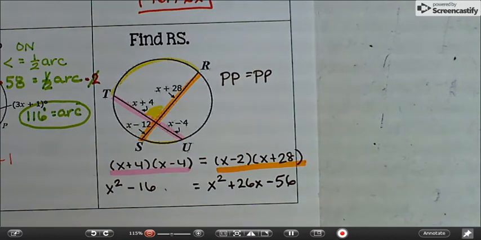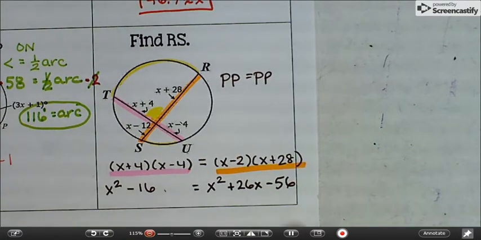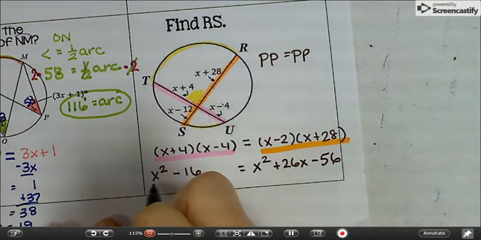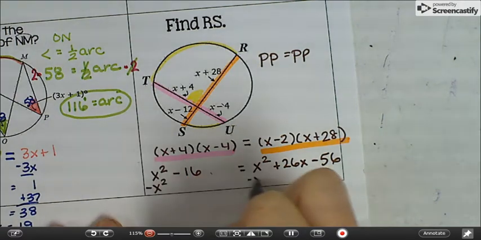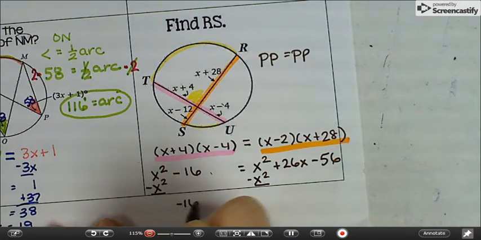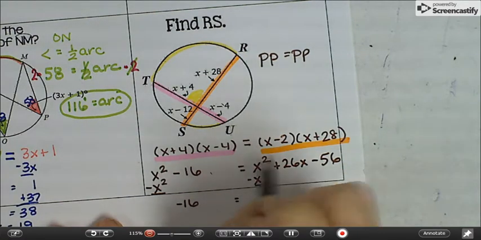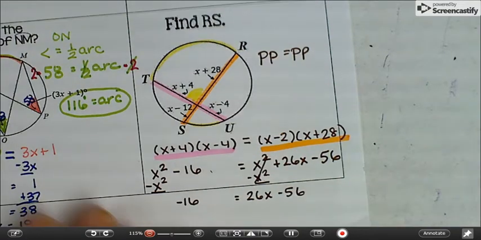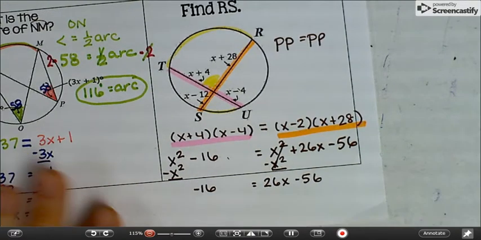All right, now when I first put this problem on here, I thought we would end up having to factor in the end, but we really don't, because remember, when solving equations, we want to move everything kind of together. So if I take this x squared, to get it together with the other one, subtract it, well, it goes away. X squared minus x squared is gone, and you just end up with a normal equation to solve.